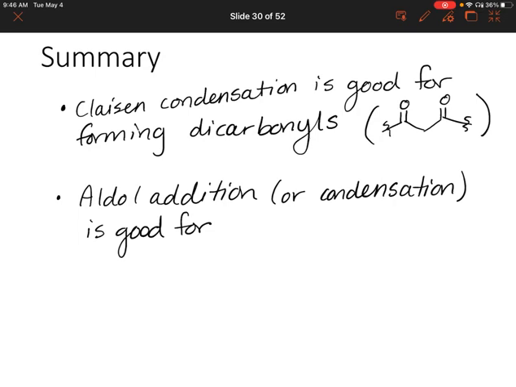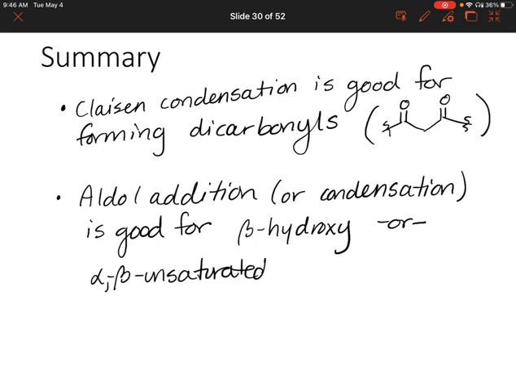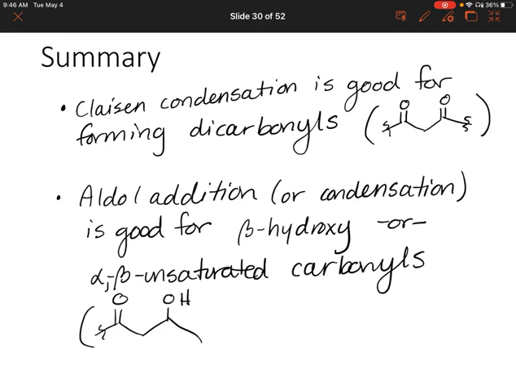So we would be forming a beta hydroxy group or an alpha beta unsaturated carbonyl. So we might form this beta hydroxy situation, or a situation here where we've got a carbonyl group and an alkene.